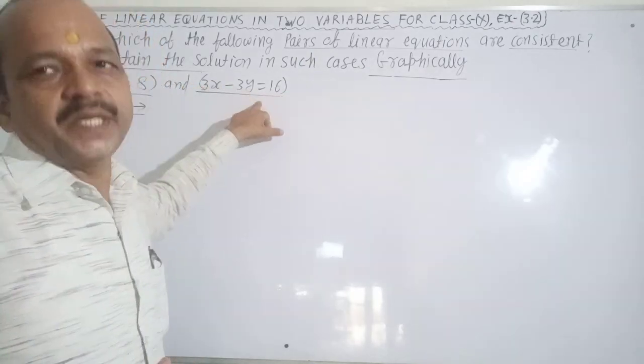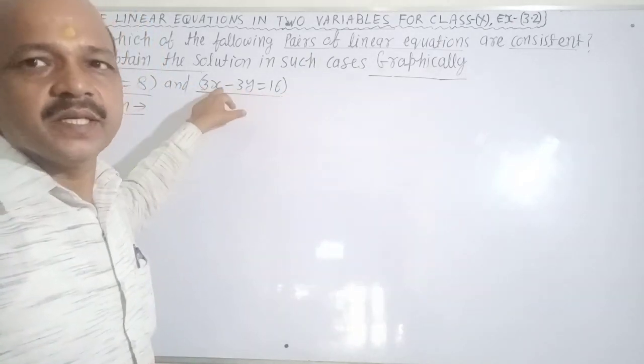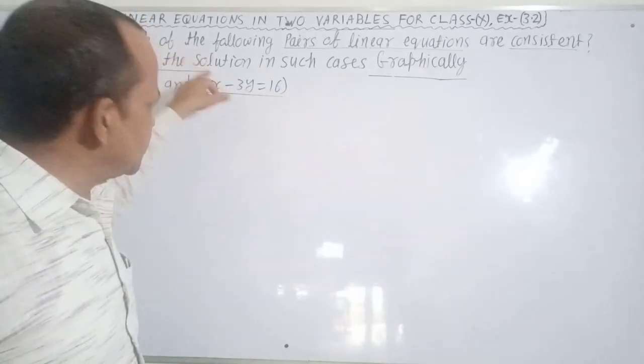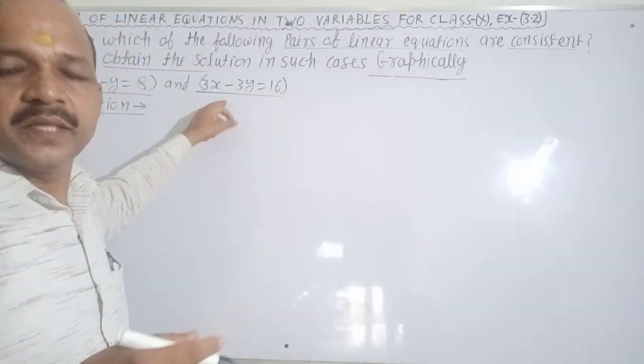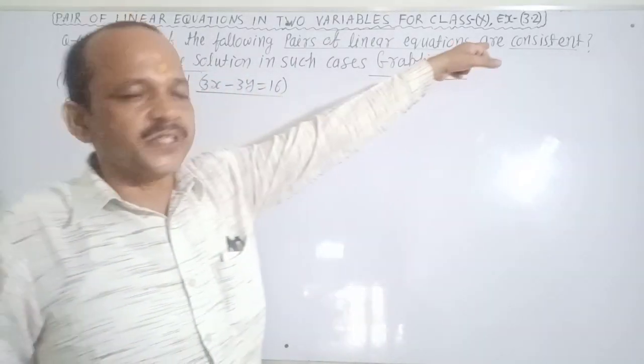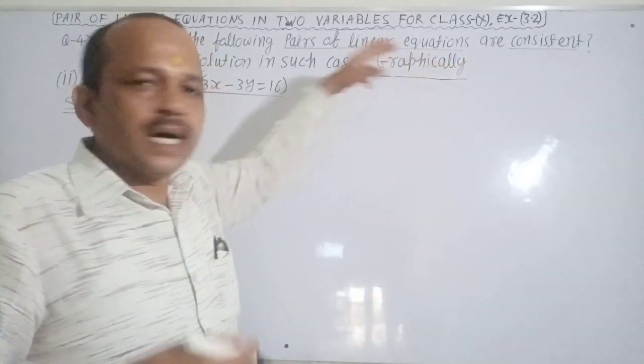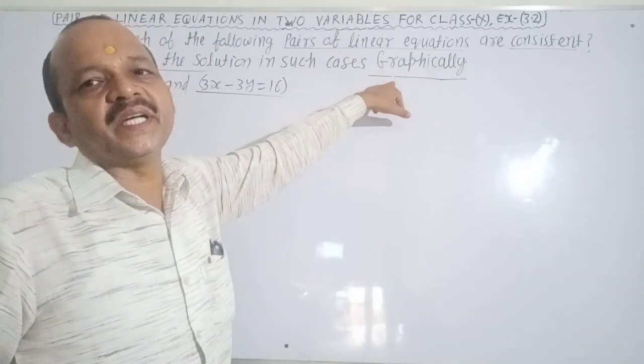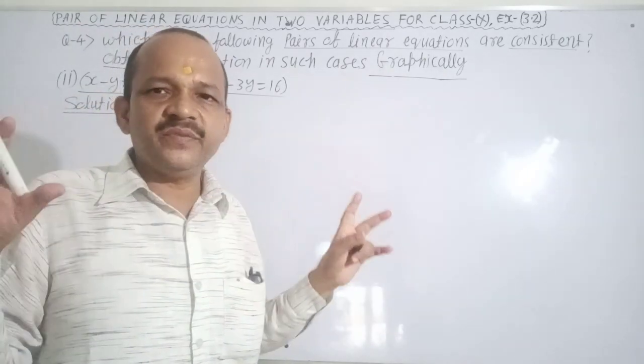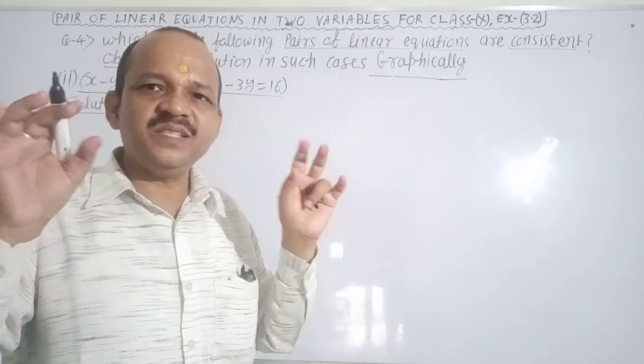It is the given equation. You solve this equation and decide whether the given equation shows a consistent system or not graphically. It is clear, no confusion about it. Very good. It is very easy.